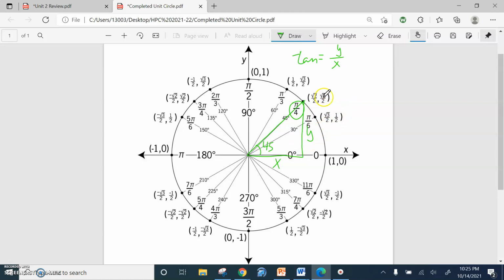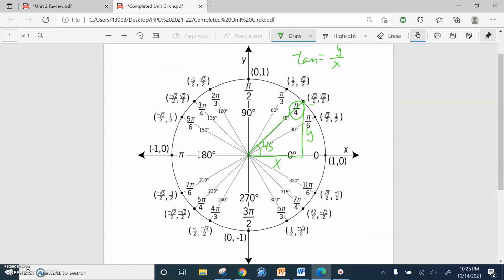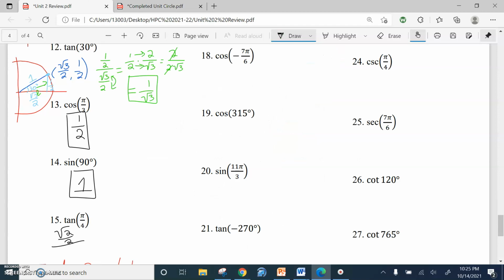We just take the y position, square root 2 over 2, and we divide it by the x position, which also happens to be the same number. So when you take a number and divide it by itself, the value just becomes 1. Just like number 14, the answer is 1.